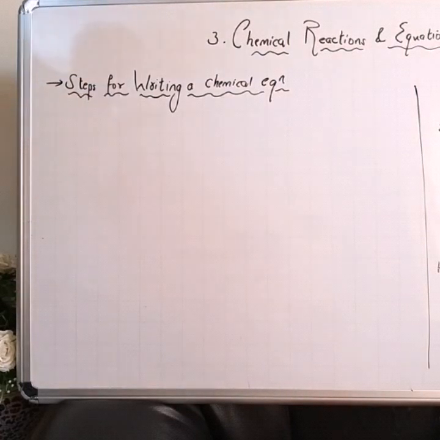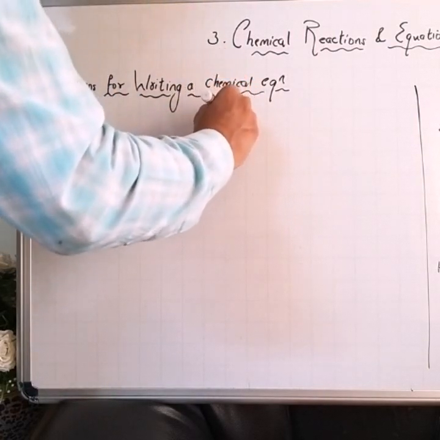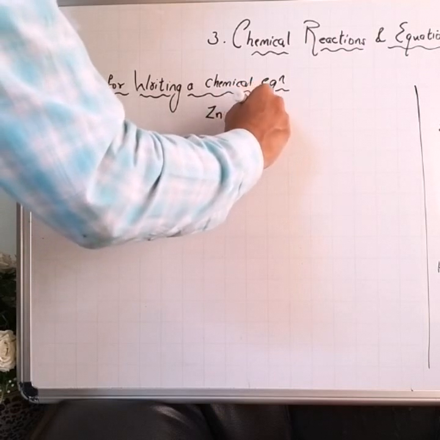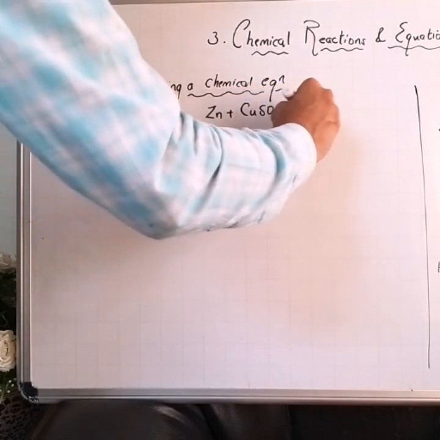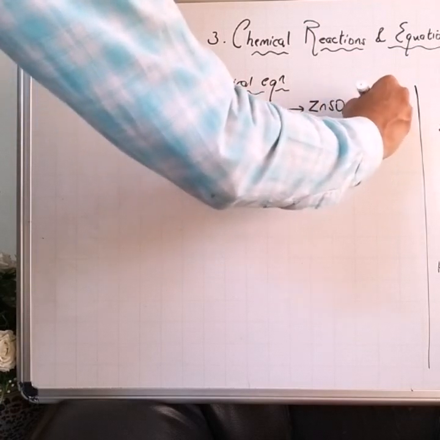Understand the steps for writing a chemical equation. See, I will take the example of the reaction I just now discussed. Zinc plus copper sulfate gives zinc sulfate plus copper.